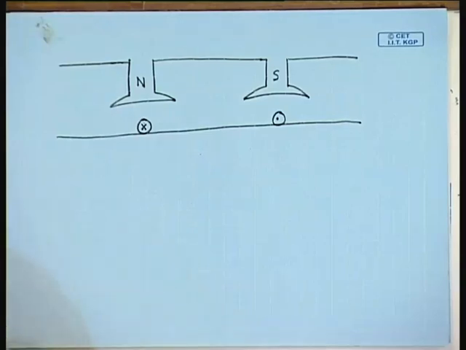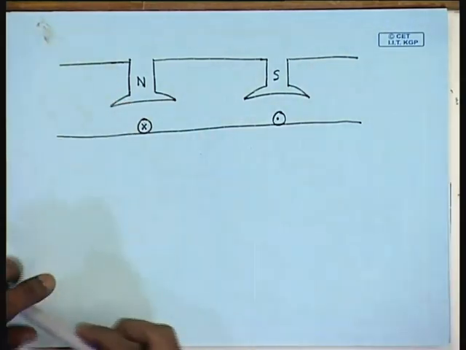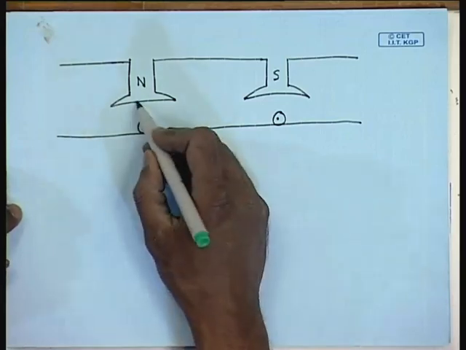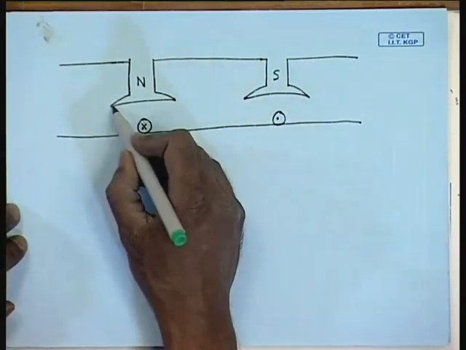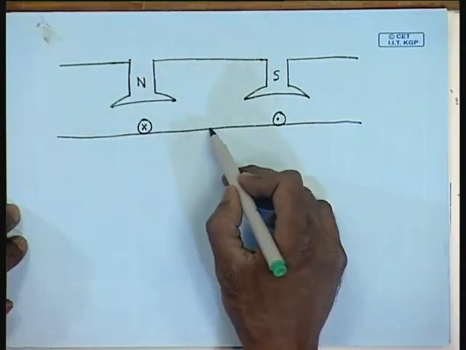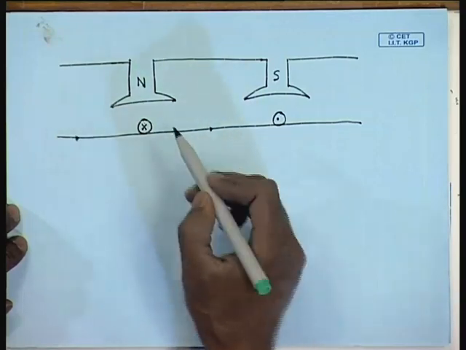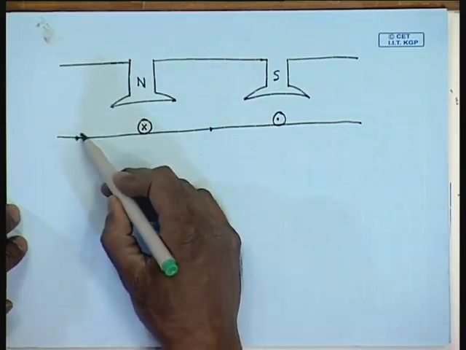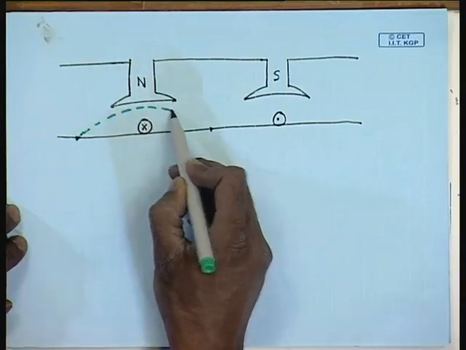Now, the north and south pole on the stator are producing magnetic flux, and the flux density is maximum under the pole and minimum between them. To some approximation, we can approximate it by the flux density to be almost a sine wave.